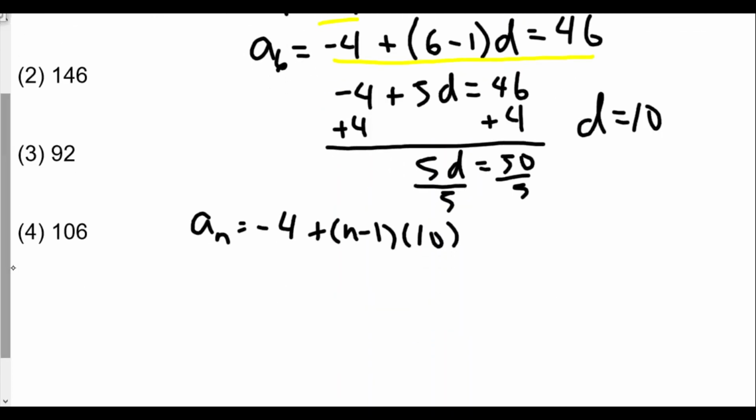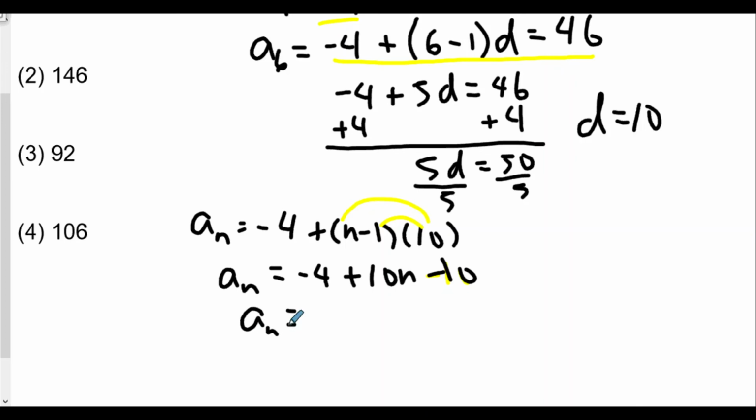So we were going to find our explicit definition. a sub n equals -4 plus 10n, because we're distributing a 10 for the n, and 10 for the -1, and minus 10. And that would mean that the nth term is equal to 10n, -4 plus -10 is -14.